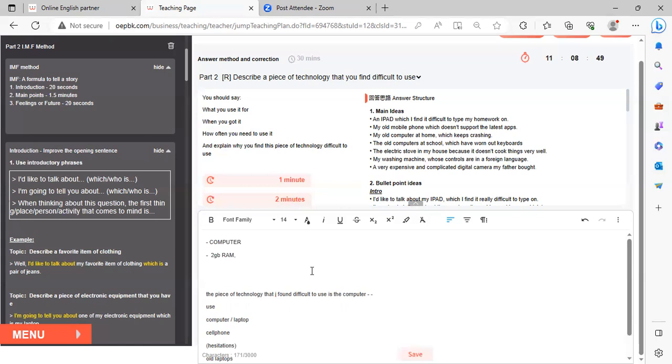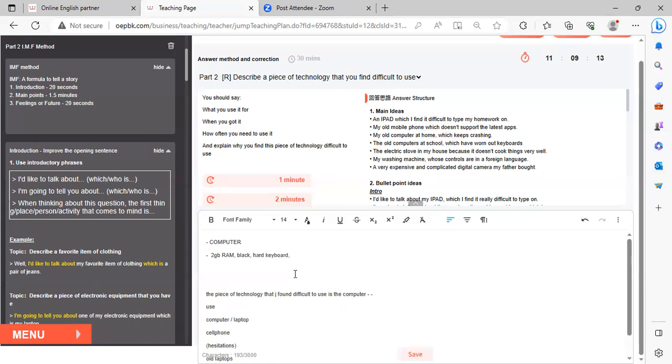Yes, ma'am. Okay, what else? It has a black color. Black. Okay, what else? Hard keyboard. It has a hard keyboard. Okay.